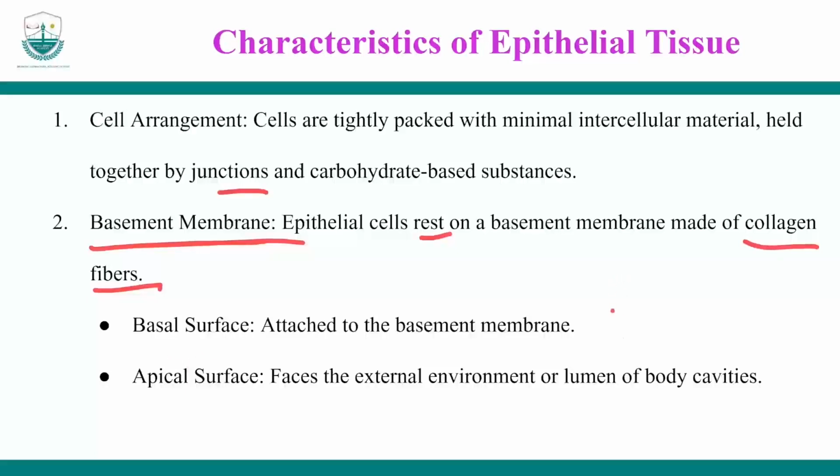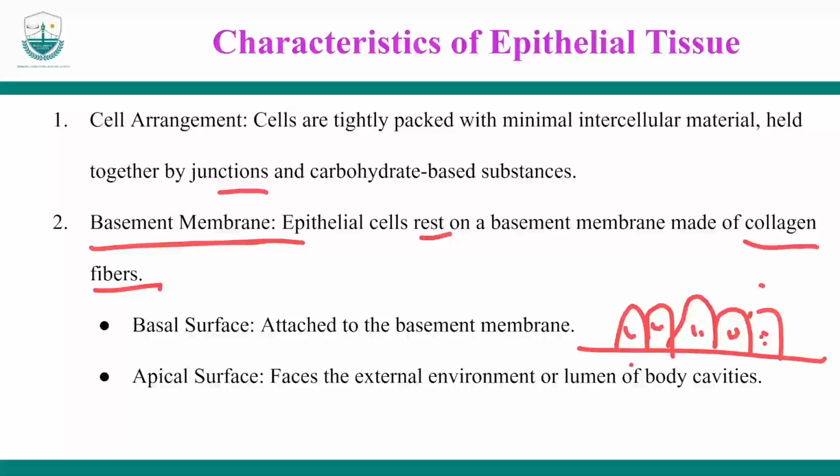Just basically to illustrate this, if you have this as the basement membrane, and then you have the epithelial cells lining, just like that, assuming each of those is an epithelial cell, so this is the basement membrane, and then this is the apical surface of the epithelial tissue.